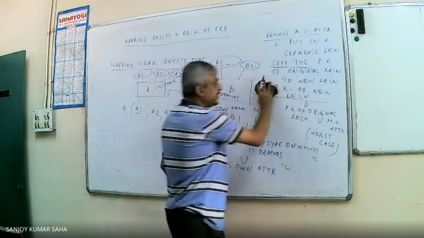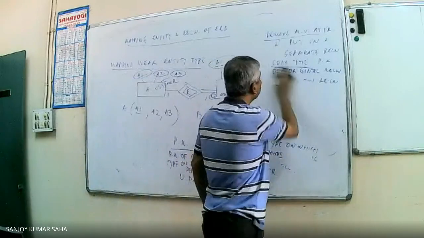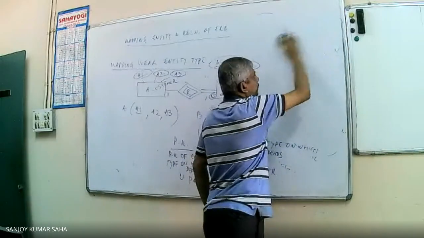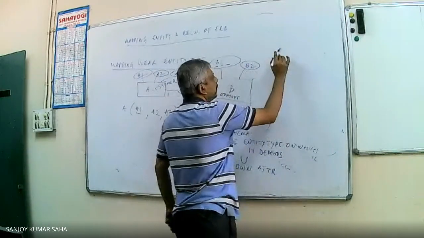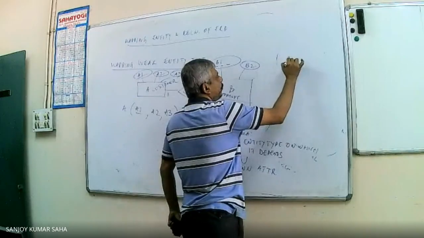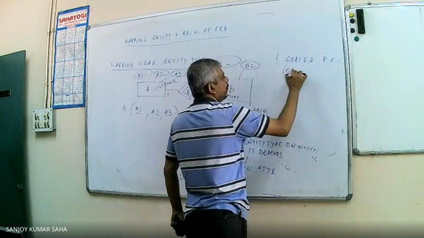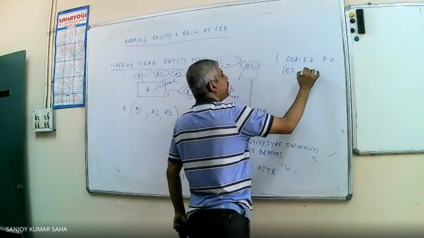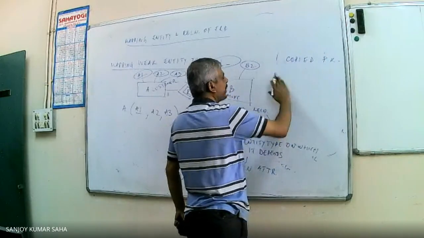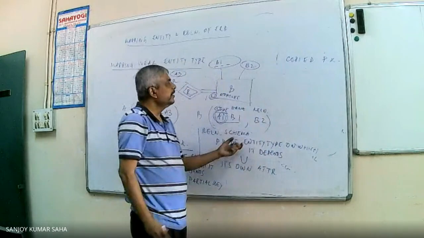So for the weak entity type, whenever we are implementing the weak entity type, the copied primary key, I'm not writing the same thing again.